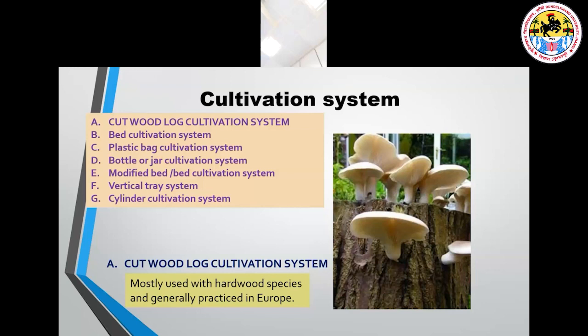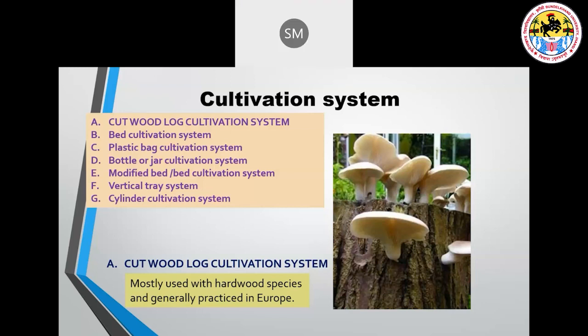So it doesn't matter which method you apply in your farm. You can invent a new method for cultivation, no problem, because it is very easy to grow. Any method you can choose, or you can invent a new method for cultivation of oyster mushroom. Doesn't matter.